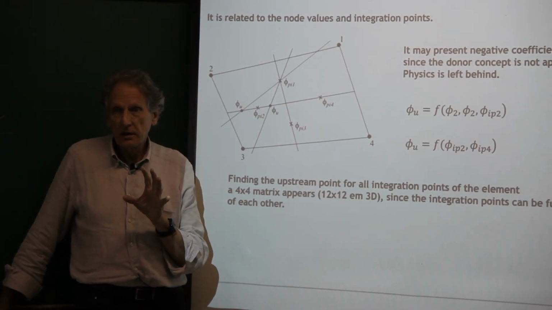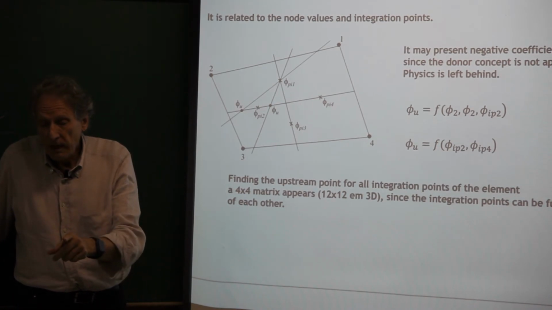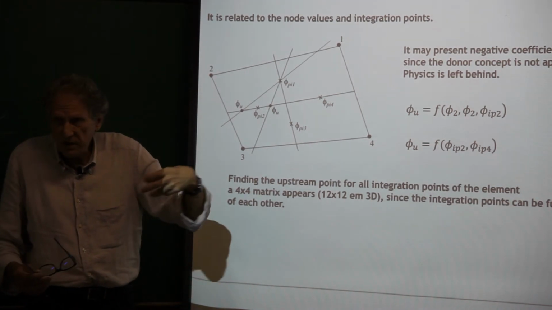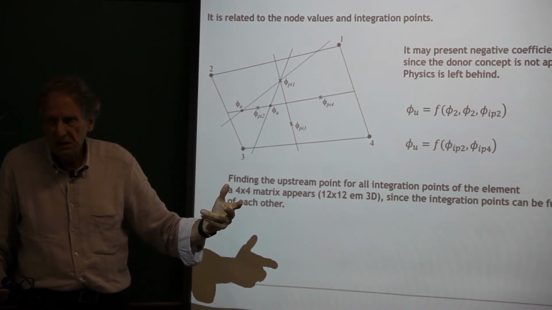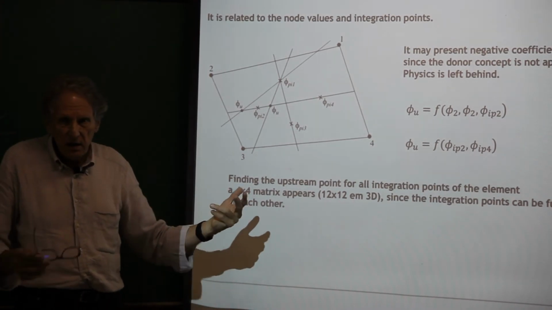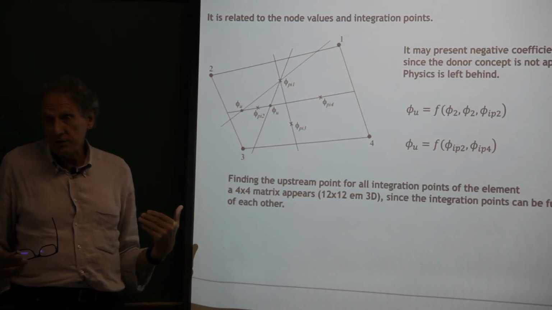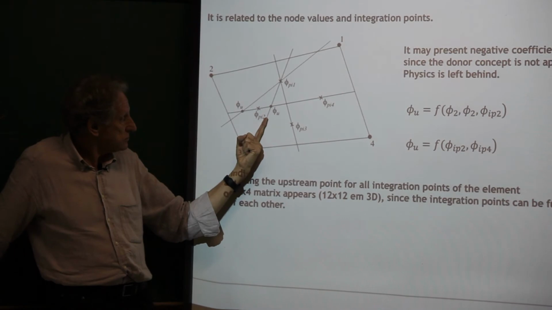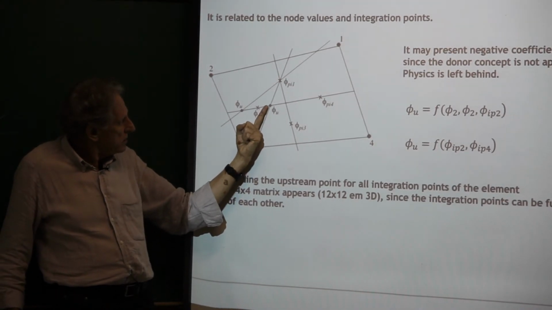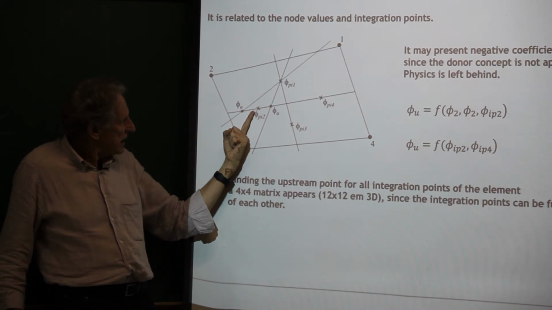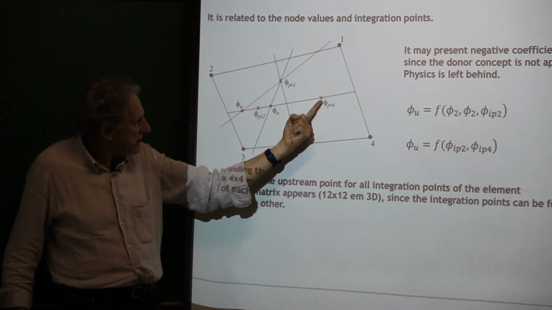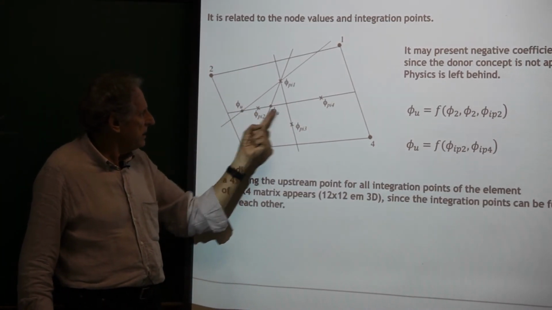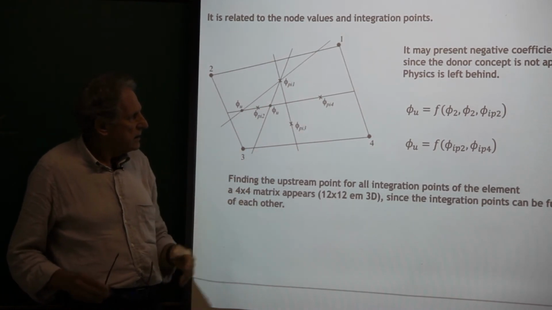This is one possibility, but it doesn't guarantee that the coefficients will be positive, because it was just an average. There is not much physics in that. If the streamline was like that, you could do an average between this phi and that phi, integration points, IP and 4 here.